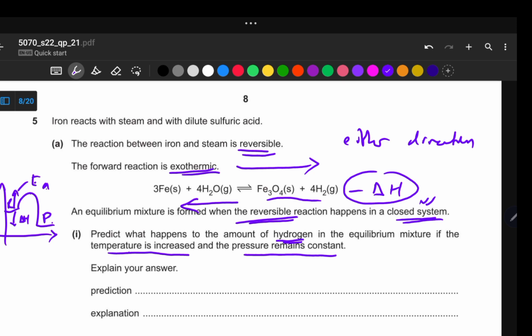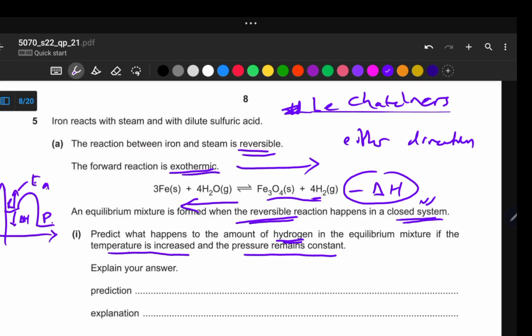So we're going to favor the backward reaction, thereby decreasing the concentration or the amount of hydrogen, right? So first we need to understand Le Chatelier's principle. It is the fundamental concept which governs all the reversible reactions, all the dynamic equilibrium reactions, right?